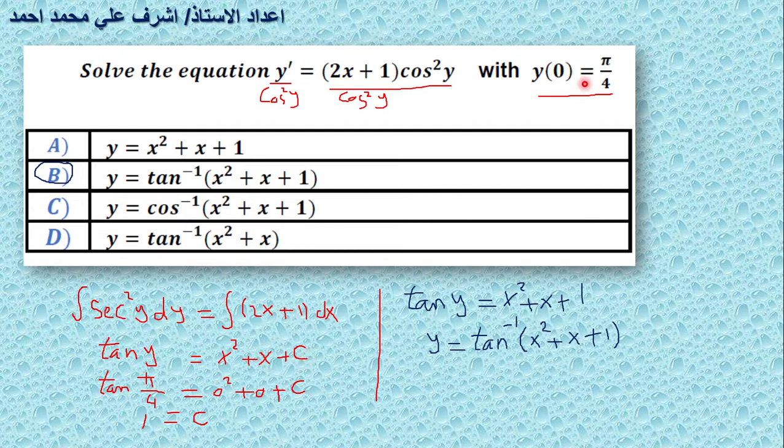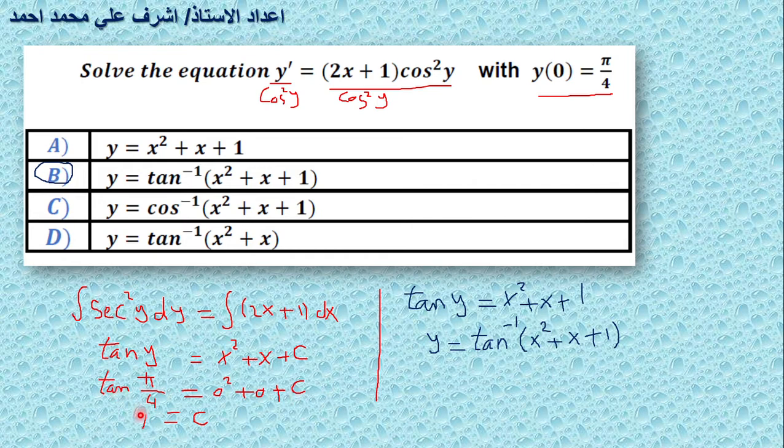To get c, we have to use this condition. When we substitute x by 0, y becomes pi over 4. So we substitute y by pi over 4 and x by 0. So tan pi over 4 equals 0 squared plus 0 plus c. 0 squared equals 0, plus 0, plus c.